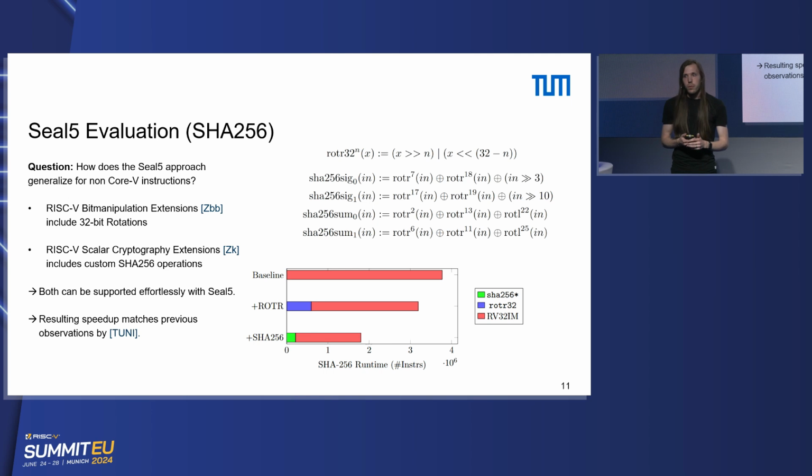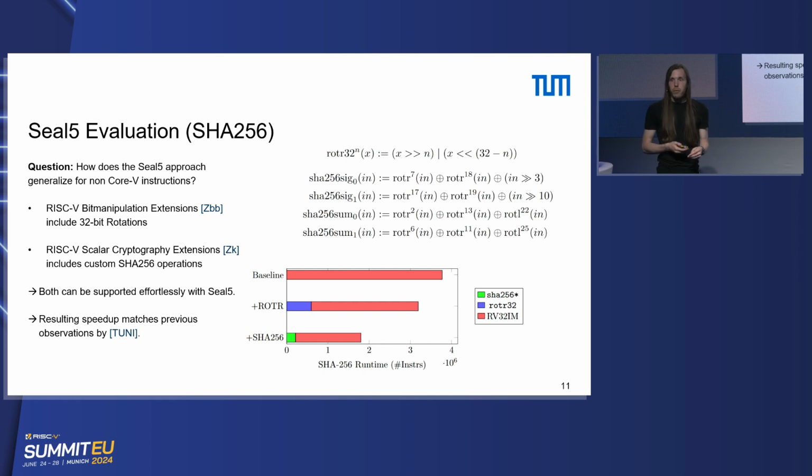Then we wanted to see if our CL5 approach also generalizes to more complex instructions apart from the CORE-V instructions which we have used first. For this, we took a simple 32-bit rotation instruction from the RISC-V bit manipulation extension and some special SHA-256 hashing instructions from the RISC-V scalar cryptography extension.